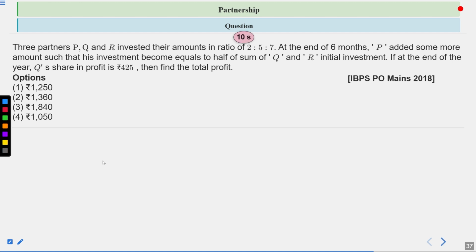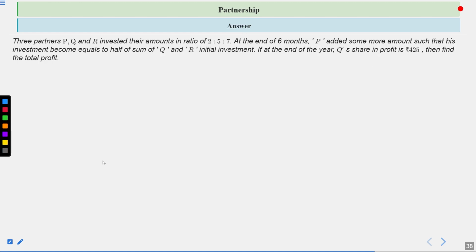Now you have 10 seconds to analyze the question. Your time starts now. Now time's up. Let's see the solution of this question. So the question says that the three partners P, Q and R invested the amount in the ratio 2:5:7.